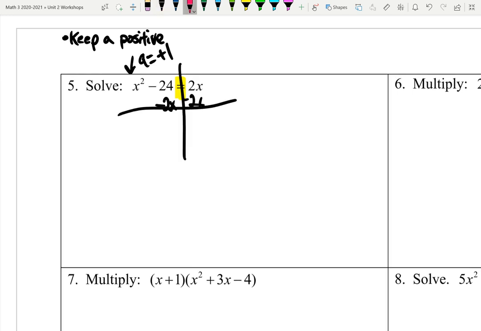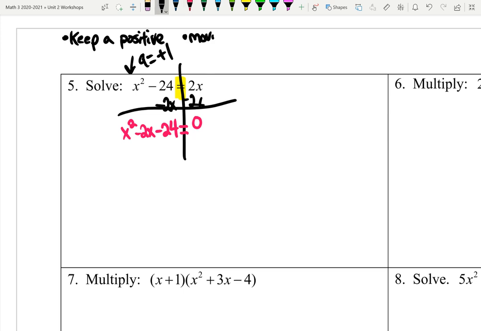So what does this look like? Well, this is going to turn it to be 0 equals. Now I can't make a mistake here because I have to remember negative 24 and negative 2x are unlike terms. I'm going to write it in standard form, so I'm going to write the minus 2x first and then write minus 24.